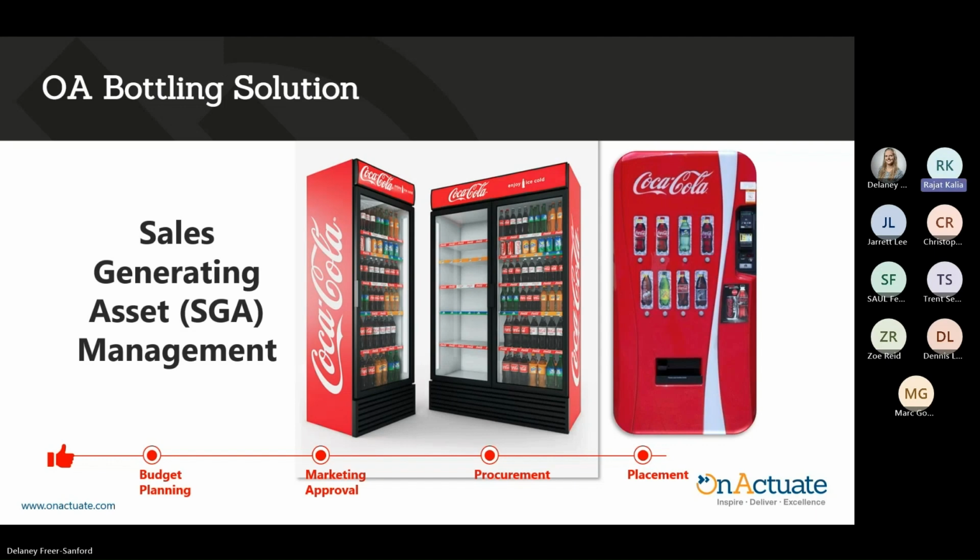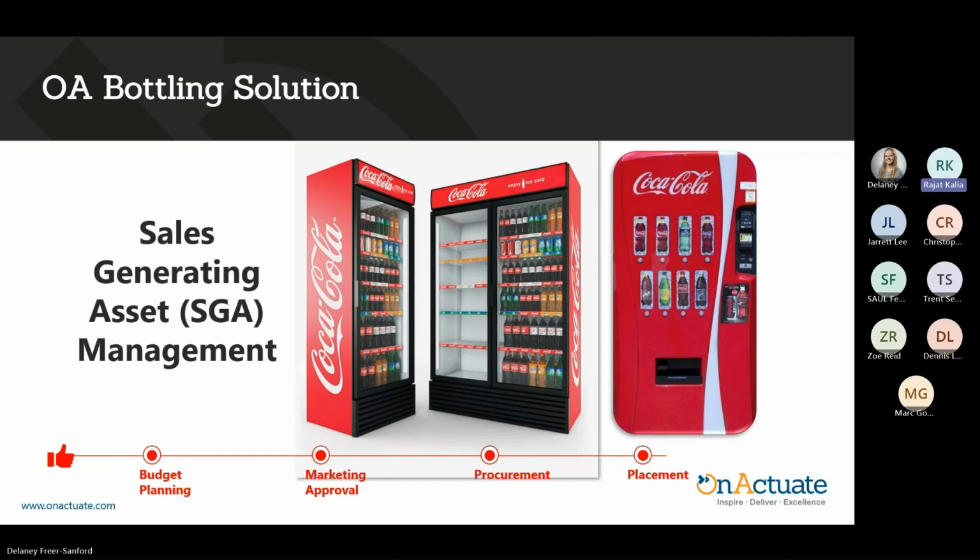Let me share a real-life example where a bottling client of ours found themselves struggling with the manual processes involved in managing their SGAs. Specifically, budget planning, marketing approvals, procurement and placement of these assets had become a daunting task, causing inefficiencies and headaches for the company.